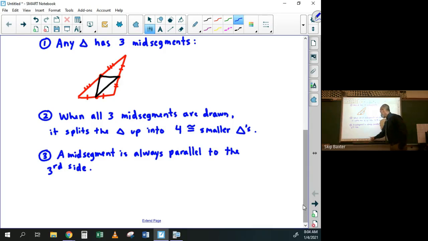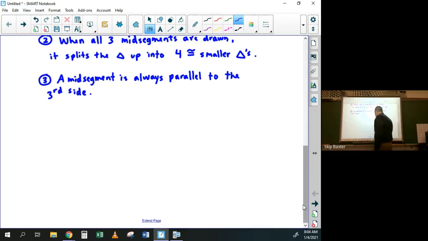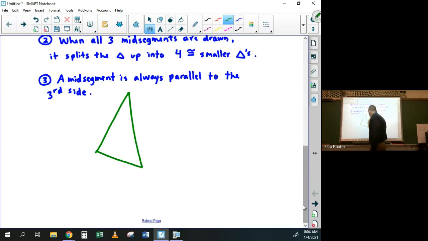Okay, so if I have a triangle and a midsegment drawn, like for example, from here to here. This midsegment is parallel to the third side over here. Looks like it should be true, doesn't it? It's definitely true.